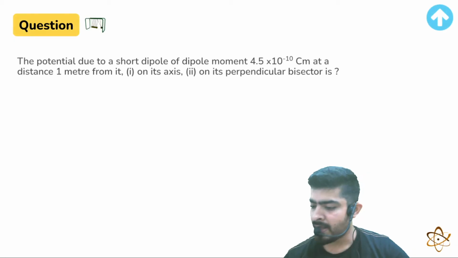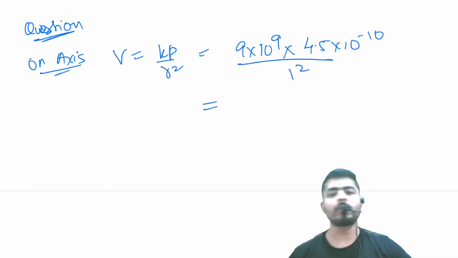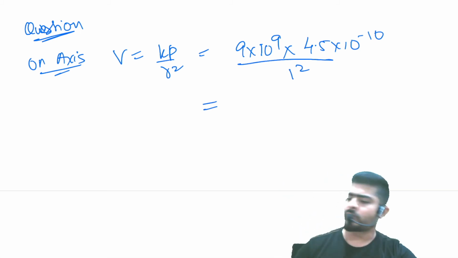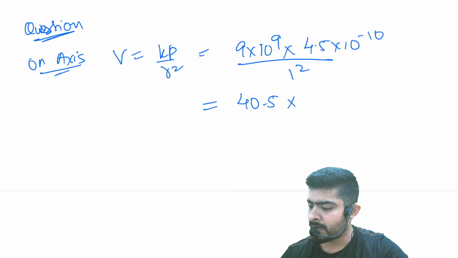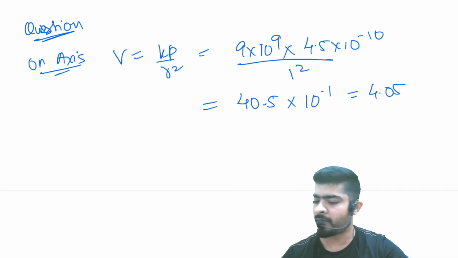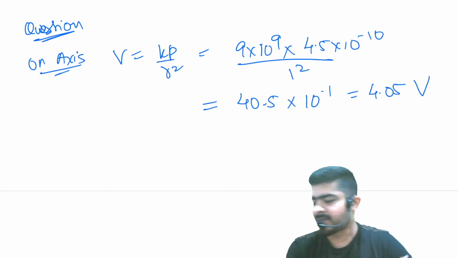And distance is 1 meter, so divide by 1 square. So this is 9 into 9 by 2, 81 by 2, that is 40.5 into 10 to the power minus 1. So this is 4.05 volt. Simple. So this is the potential on the axis.